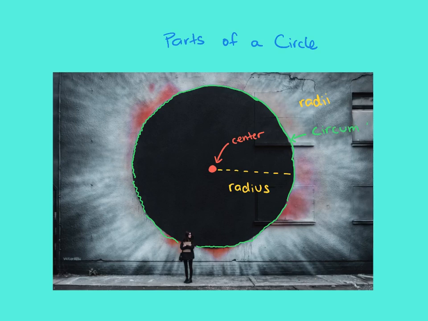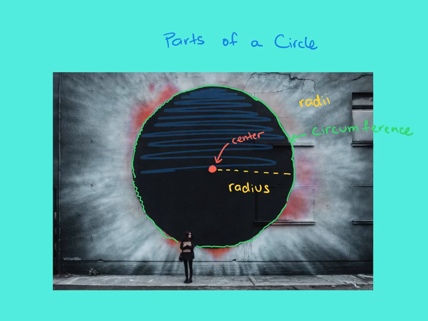Huge word. It just means distance around. So what's the inside space called? Good. So the inside stuff, all this stuff here, that's the area of a circle. That's what we solve when we're doing the formula for area.